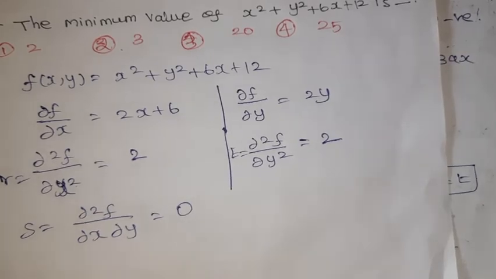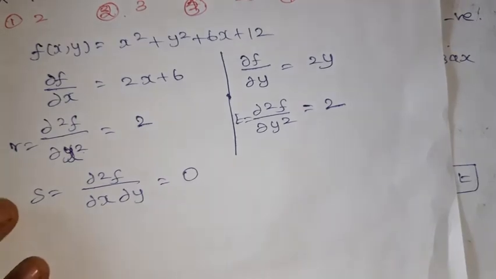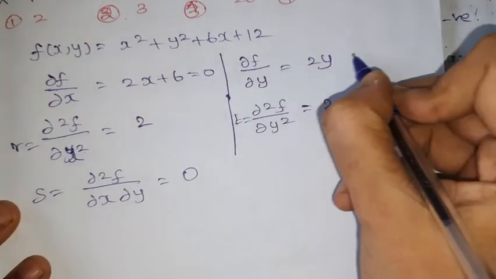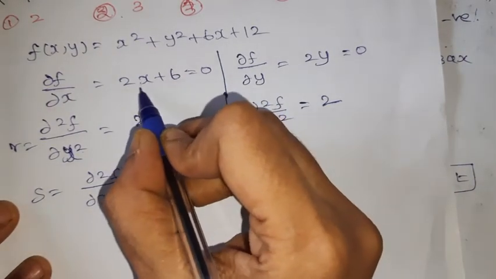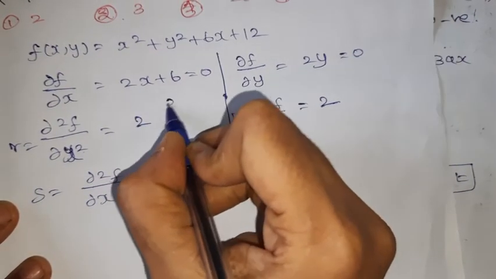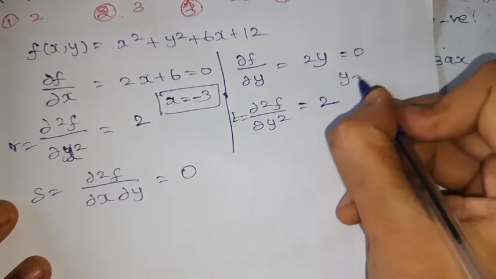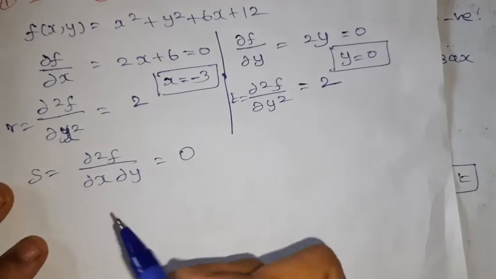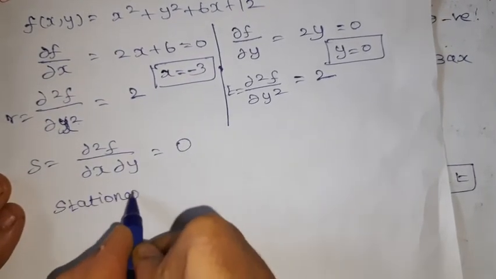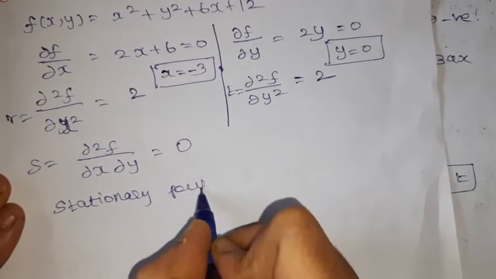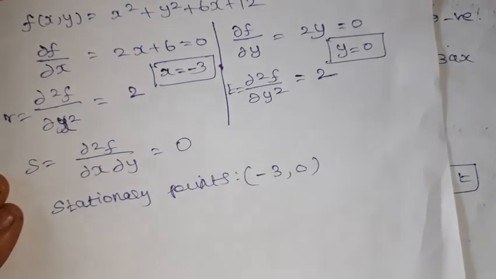The stationary points and extreme points are the same. Dou f by dou x equal to 0 and dou f by dou y equal to 0. By solving, x equal to minus 3, right? Then y equal to 0. So the stationary point is minus 3 comma 0.